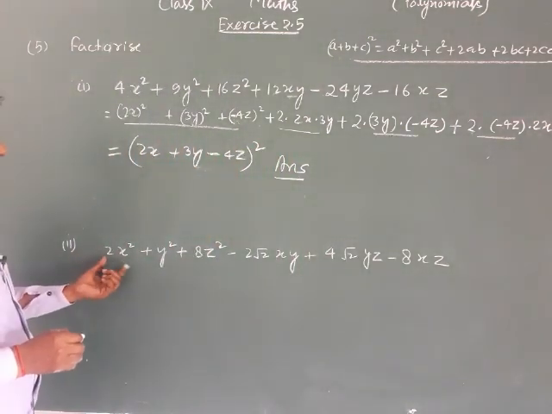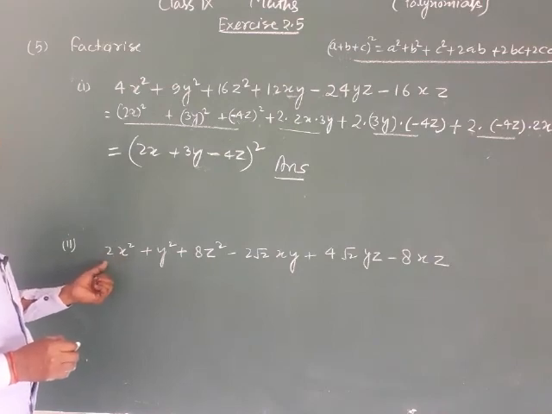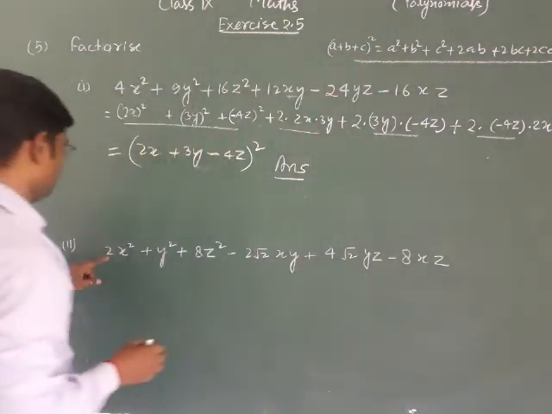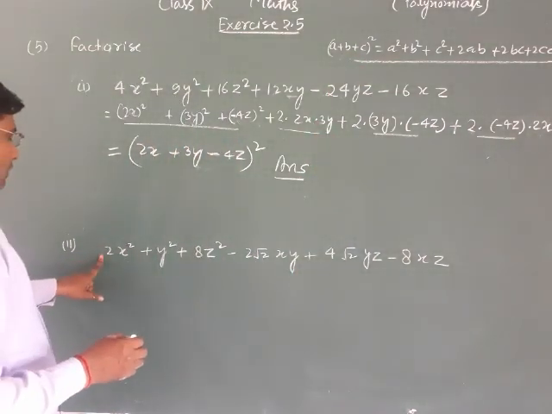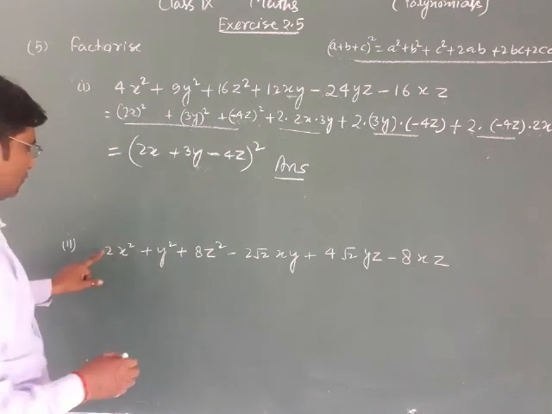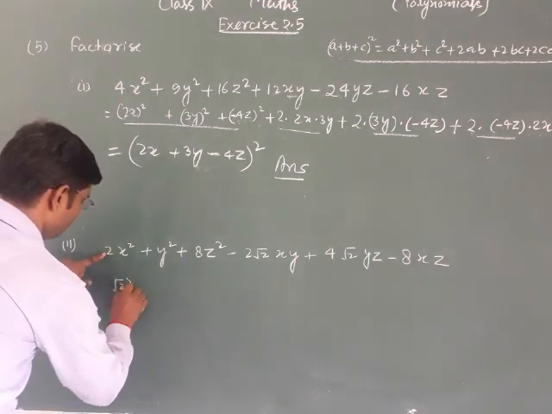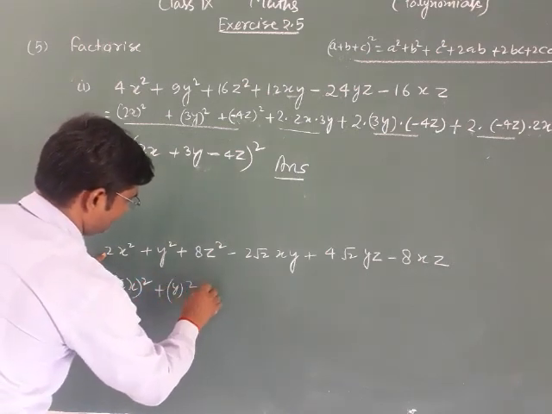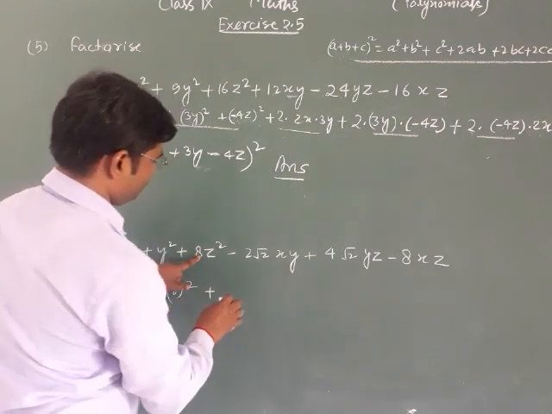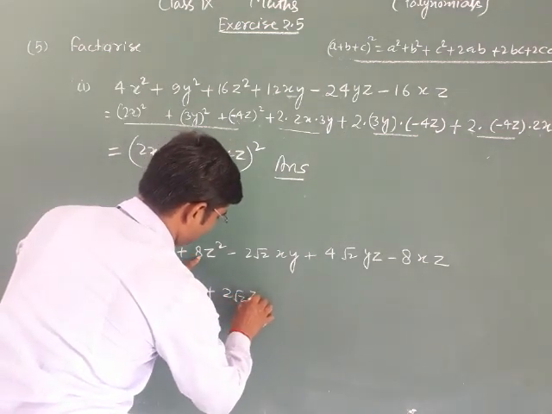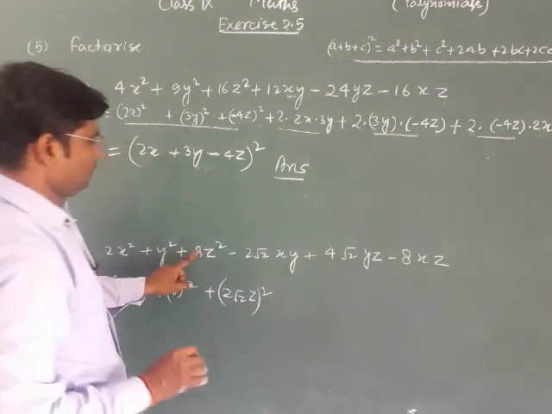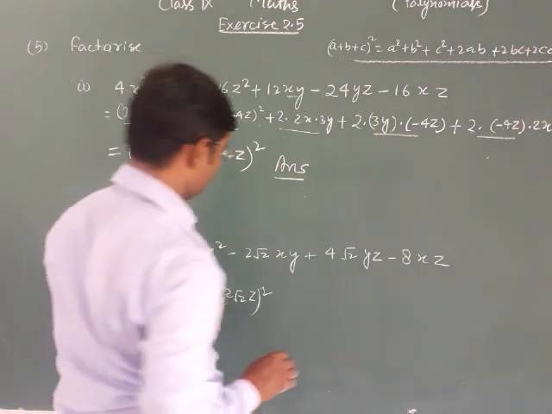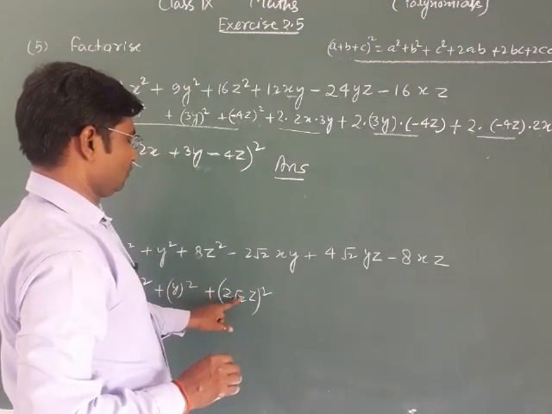Also, we can solve this problem using this identity. Initially, (root 2 x) square plus y square plus (2 root 2 z) whole square. Here root 2 times 2 is 2 root 2.